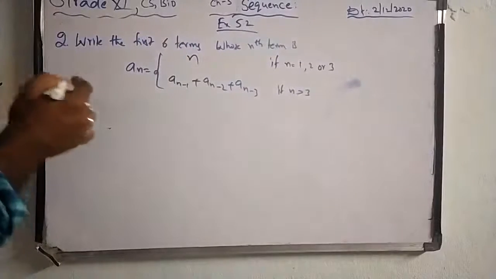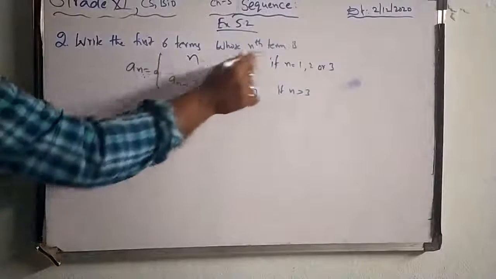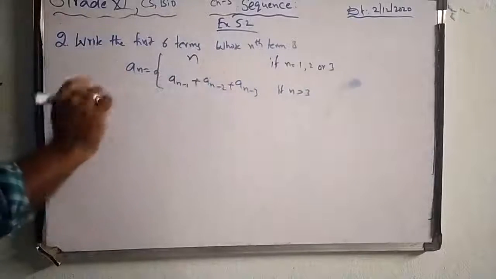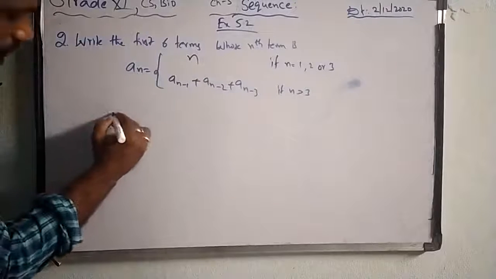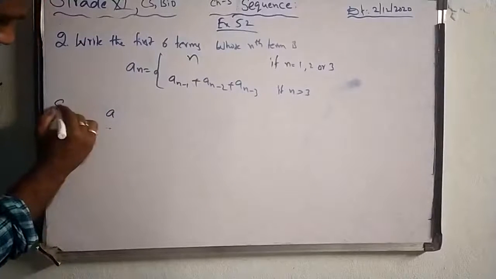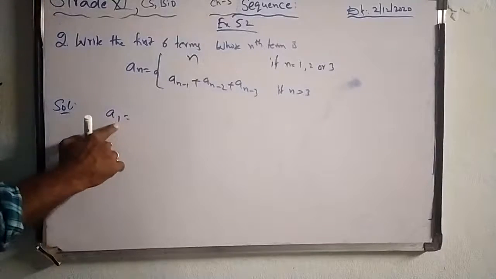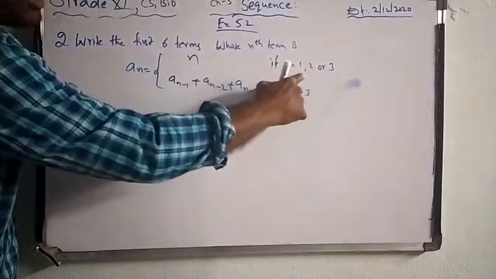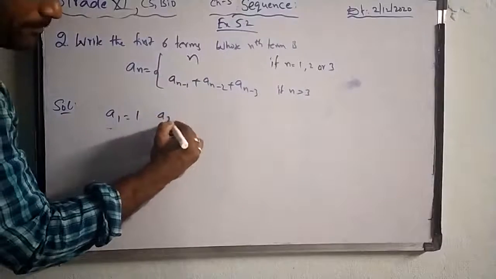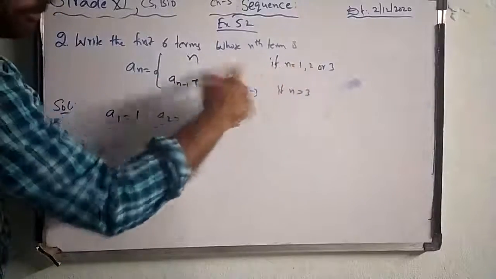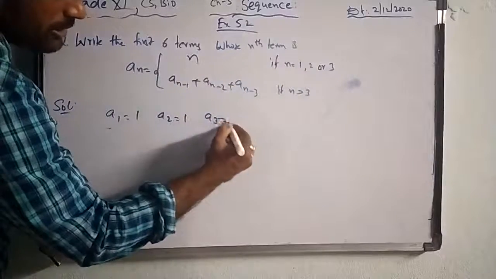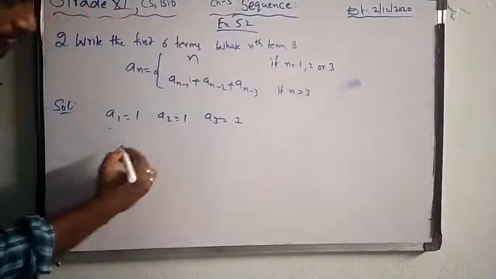Next, second question, write the first 6 terms whose nth term is given. So only we need to write the 6 terms. First, given solution. A1, the first term, n is equal to 1, so that will be 1. A2, second term, is also 1. A3, third term, is also 1.